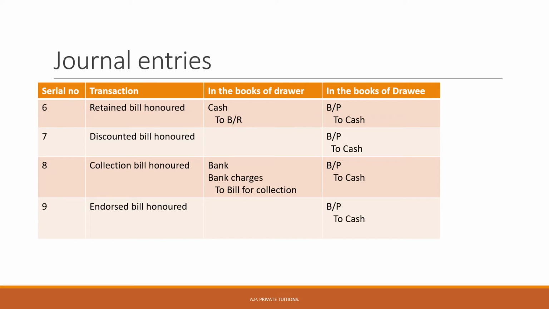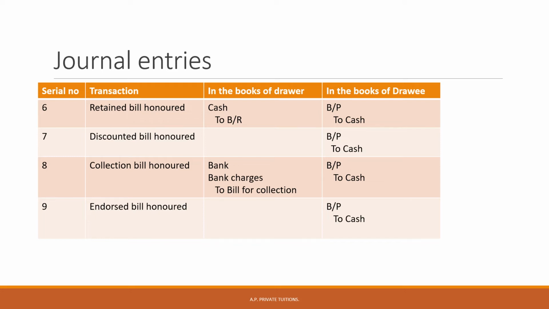Entries will come when the retained bill is honored and the collection bill is honored. Retained bill honored, money comes, bill goes. Therefore, the entry is cash to bills receivable. Collection bill honored, the bank deposits the money into your account. Therefore, our entry is bank charges to bill for collection.